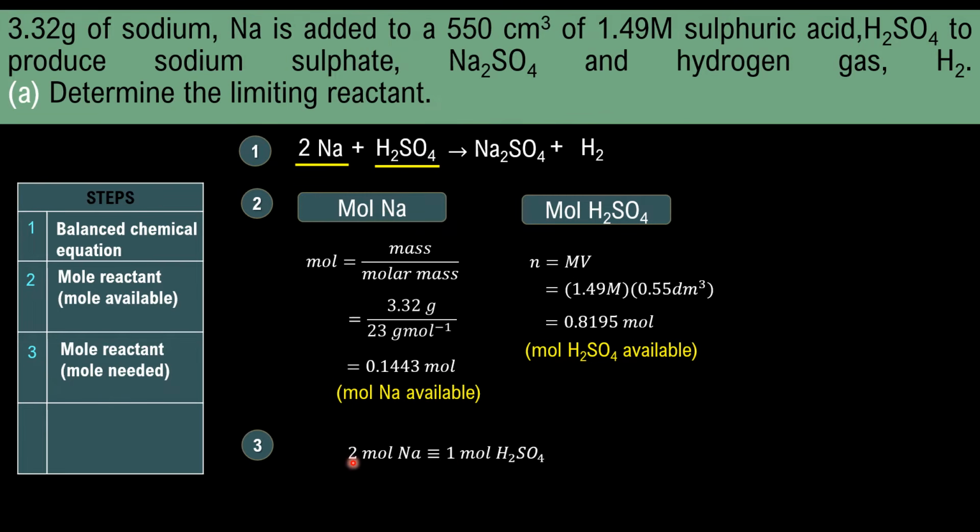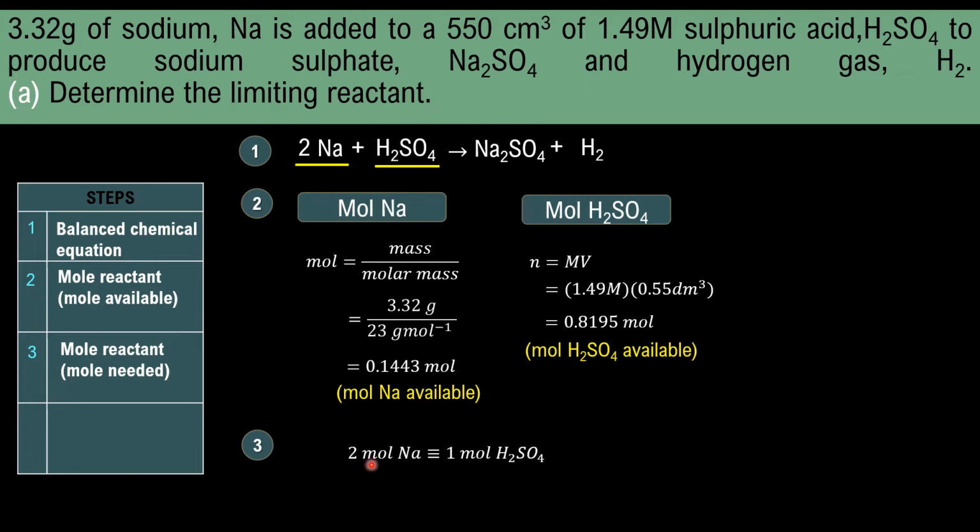So kita akan tulis 2 mole sodium, lepas tu garis 3. Garis 3 ni adalah equivalence to. Kalau garis 2 dia adalah equal to, so mesti guna garis 3. So 2 mole of sodium equivalence to 1 mole of H2SO4. So kalau ada 2 mole sodium, dia perlukan 1 mole H2SO4 untuk bertindak balas.